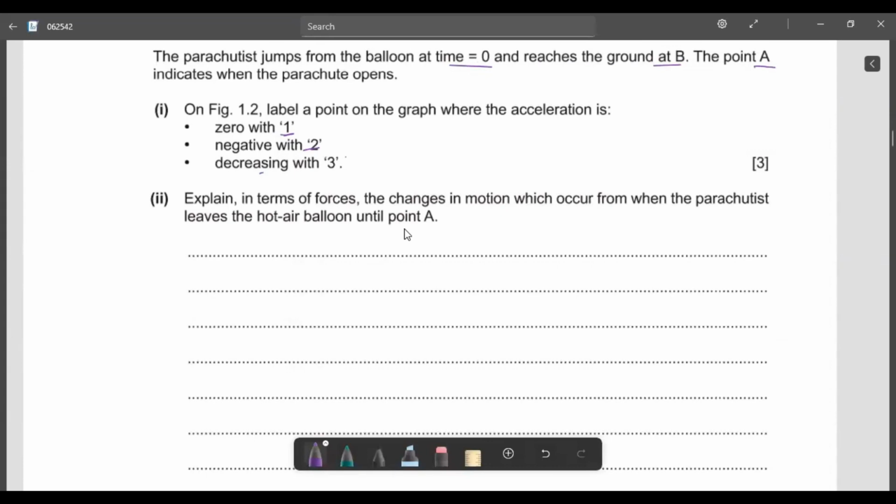Next, explain in terms of force the changes in motion which occur from when the parachutist leaves the hot air balloon until point A. So when he is jumping from the balloon, at the start the gravitational force will be high and air resistance will be 0.